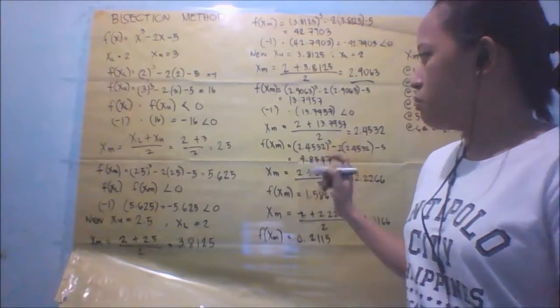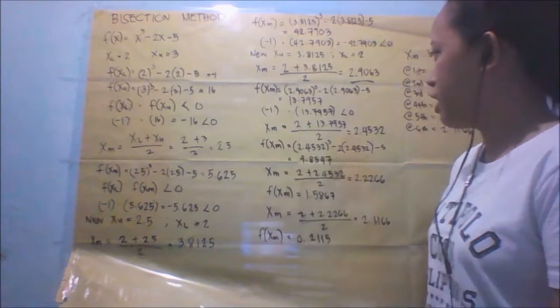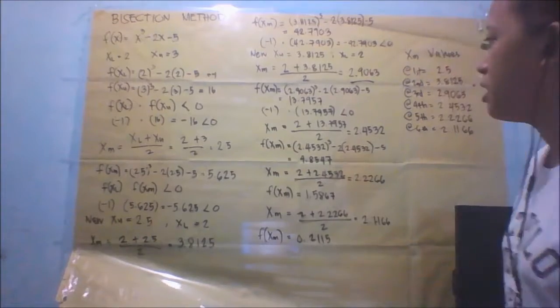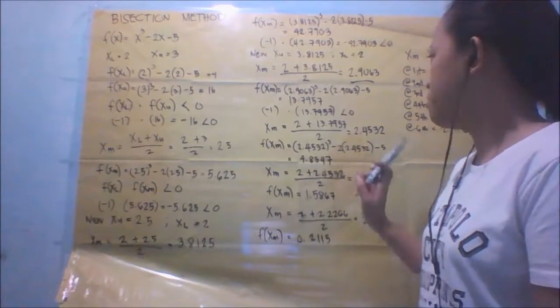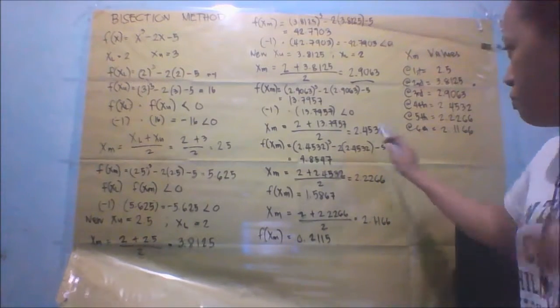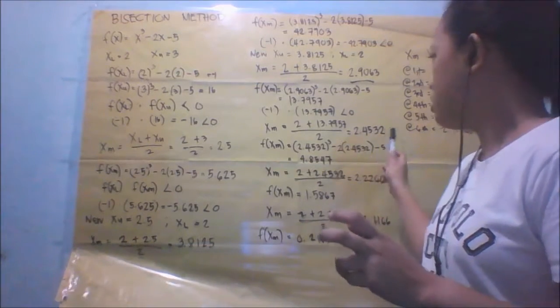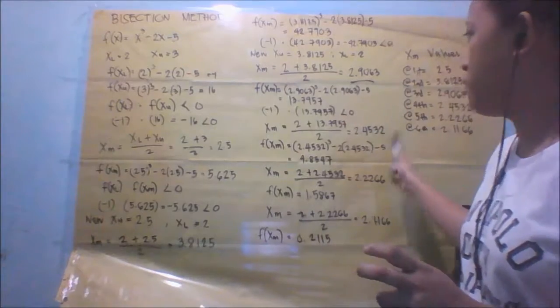So we compute our xm again: 2 plus 2.903 over 2 is 2.4532.